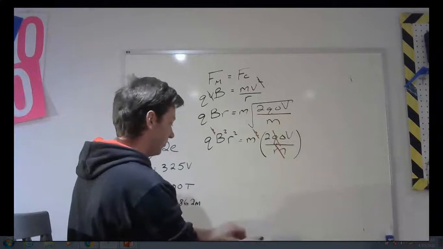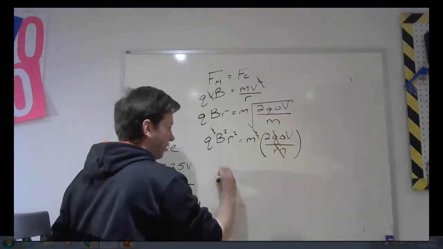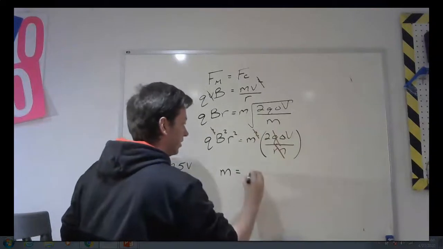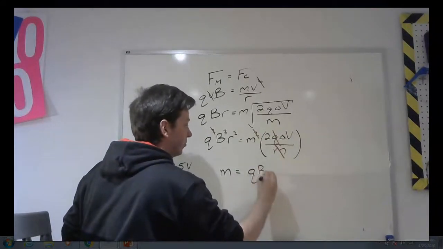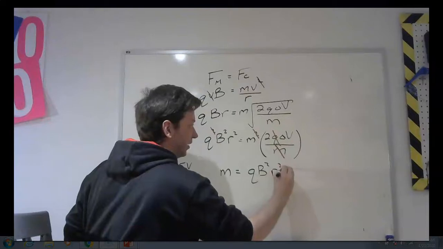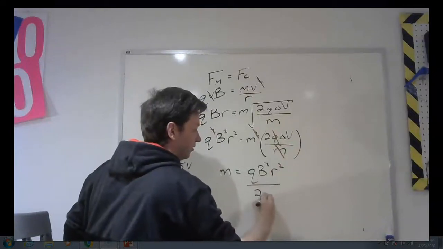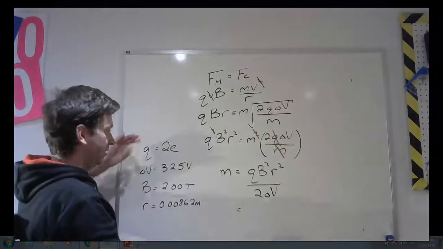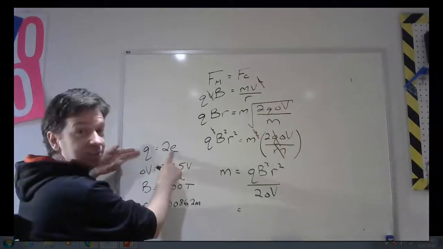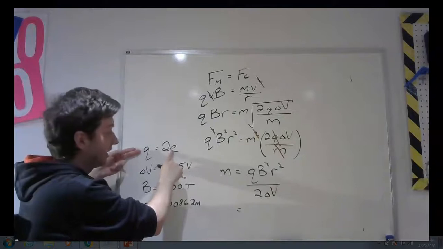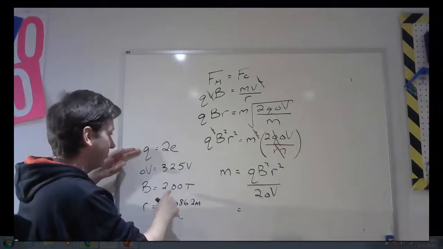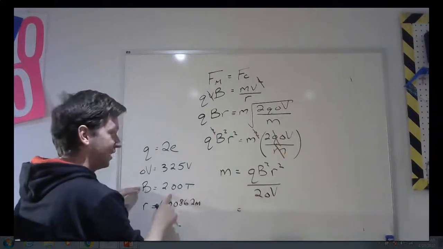Okay, so rearranging for m now, we get the mass of our oxygen-16 equals q B squared r squared over 2 delta V. And if you plug in q, which is 2e, e being our elementary charge that Millikan came up with, 1.602 times 10 to the minus 19 coulombs. We have B, 2 tesla squared.